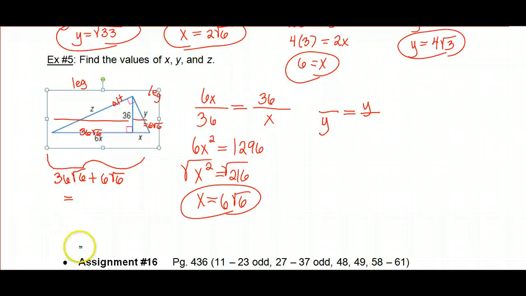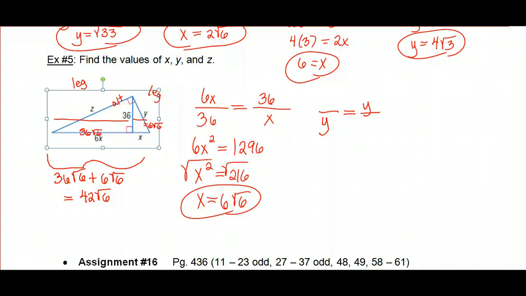So 36 plus 6 is 42 root 6. You add radicals just like terms. So if it was 36x plus 6x, you would get 42x. Think of the radical as your like term.